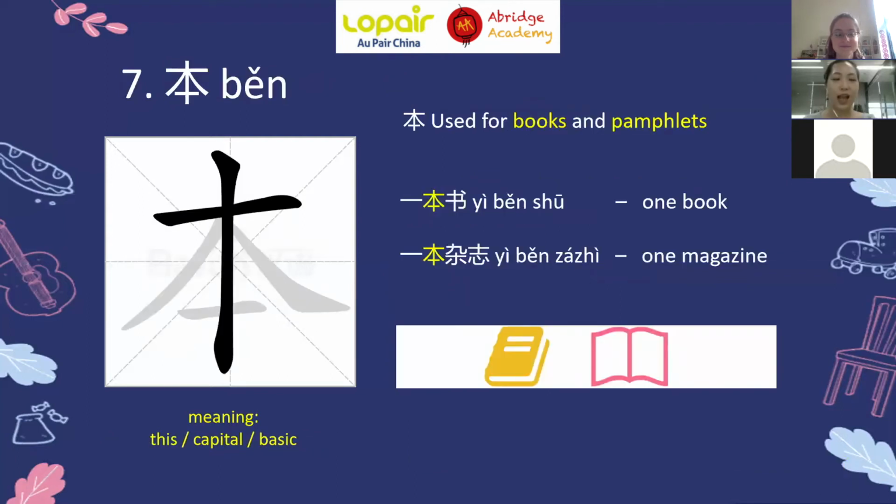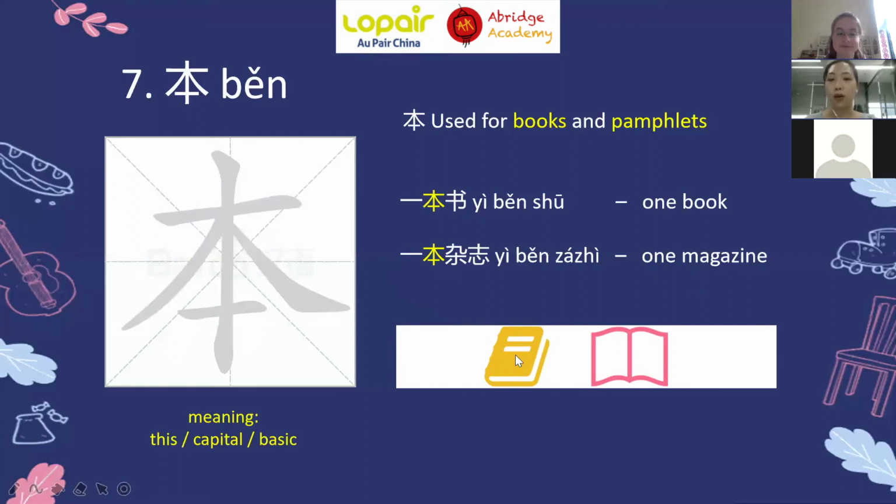Okay, the seventh one. Last one we just talked about 张, which describes a thin, single sheet of paper. This measure word is different; it is used to describe things like books, where a lot of sheets combine together and become a book. 一本书, for example, one book, a lot of paper bound together. 一本杂志, a magazine, one magazine.